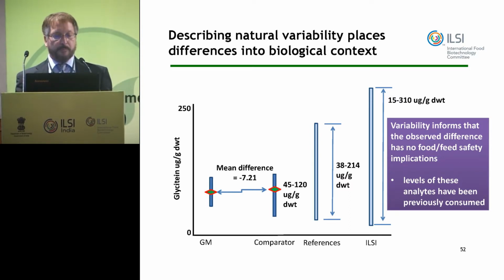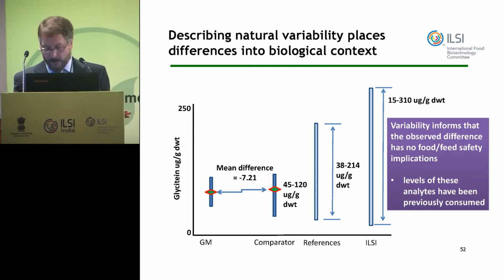So the basic premise is that to get the context of whether something is biologically relevant or not, we look at the differences. So we get back to the difference in the transgenic and the comparator, the amount within the comparator itself, the ones in the literature and the ones in the ILSI database.